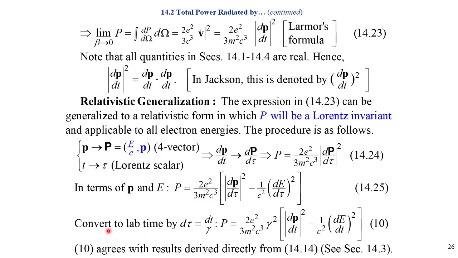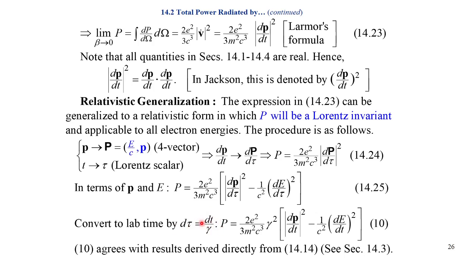Okay, we can convert. Tau is the proper time, and normally we prefer lab time. Lab time and the proper time: d tau is dt over gamma. Okay, time dilation. So gamma is greater than or equal to 1. So gamma times d tau.